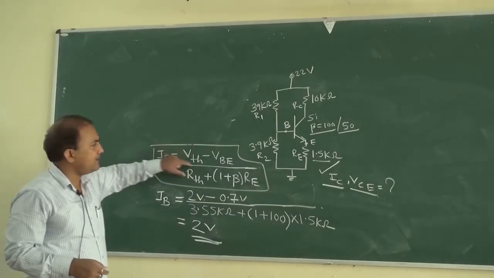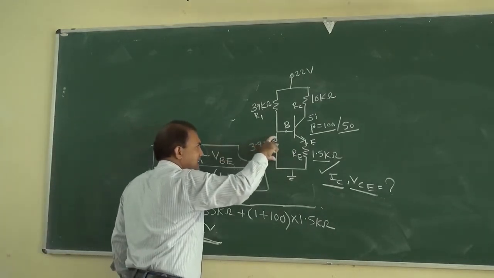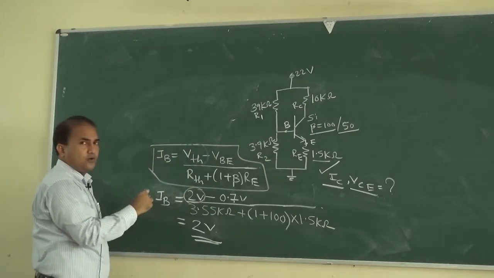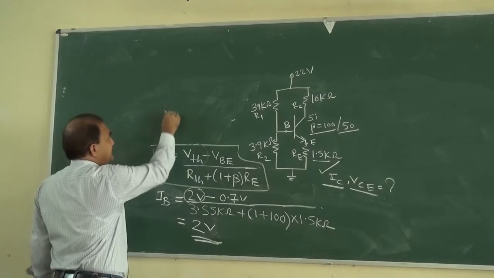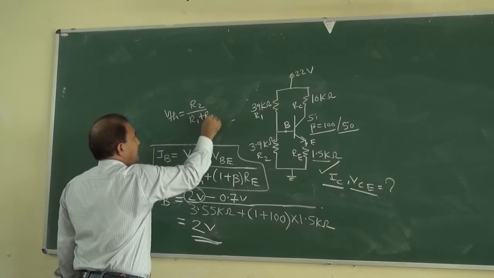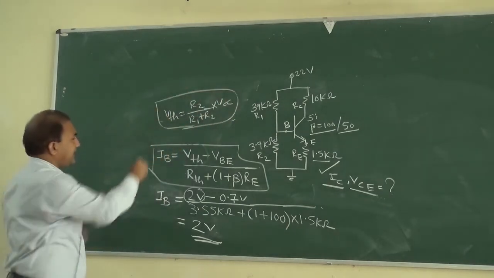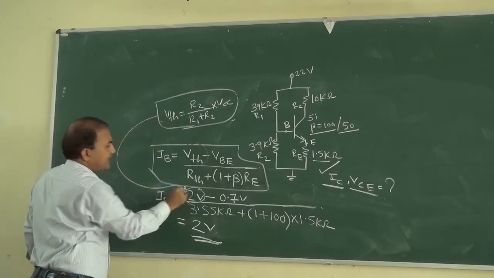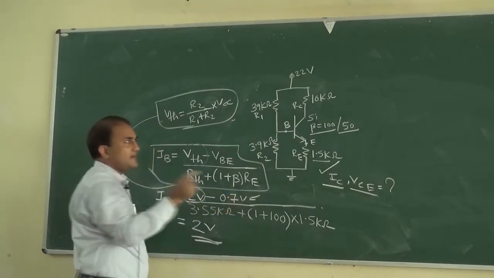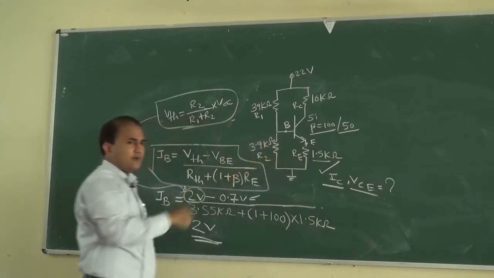Okay, how can we determine VTH? VTH is the voltage across this resistor R2. We have just now calculated VTH, it is equal to 2 volt. So VTH is equal to R2 divided by (R1 plus R2) into VCC. VBE is 0.7 volt because this is made up of silicon and this base-emitter junction is in forward bias condition.